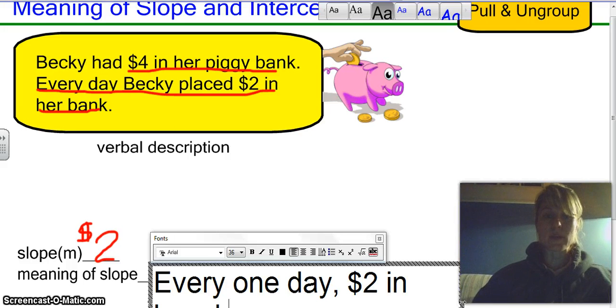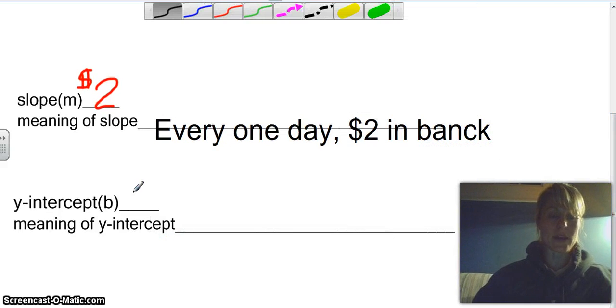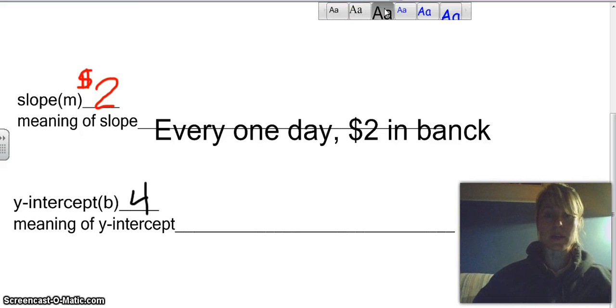Okay, then the 4 is what she started with. Nothing's changing that. She had $4 in there and that was it. So her y-intercept is 4 because she started with 4. The meaning of that is in the very beginning she started with $4. That doesn't change.